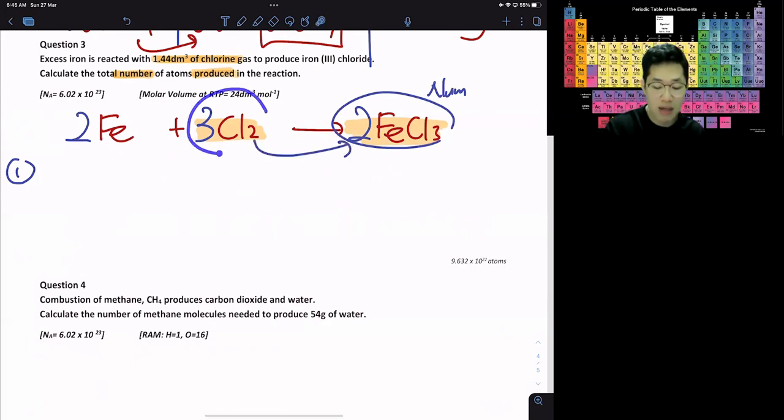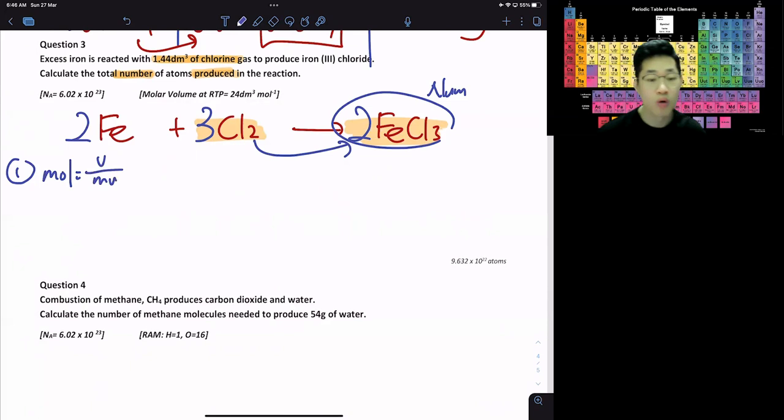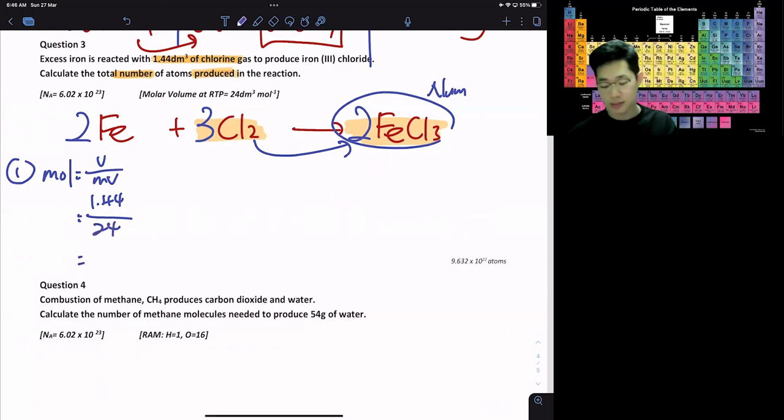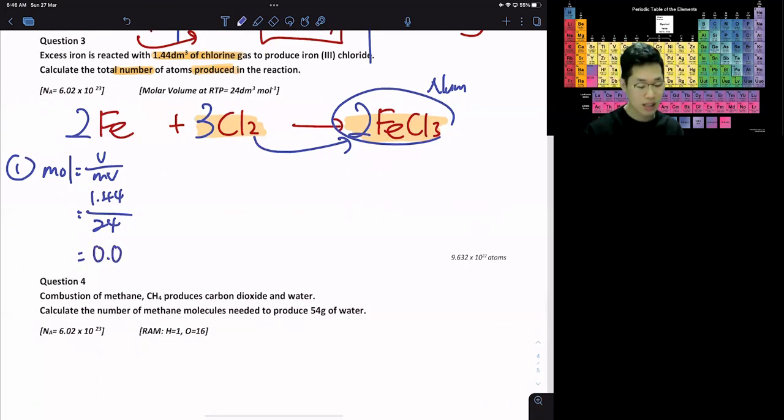So from the number given, Cl2, find the mole using formula mole equals to V over mv. Because they gave me volume 1.44. Divide by the molar volume, 24. And I will be getting 0.06 mole.